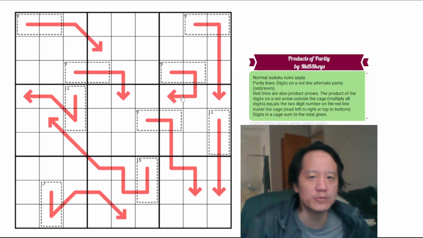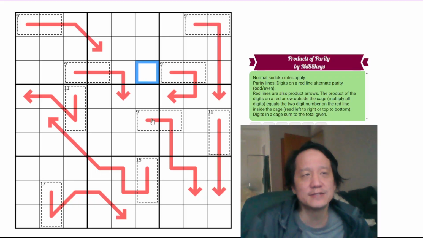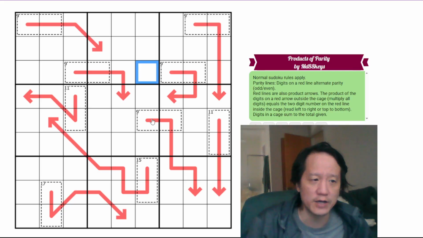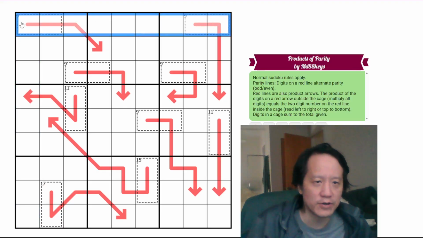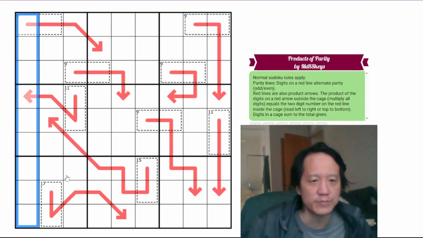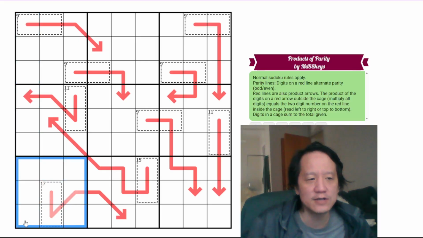Normal Sudoku rules apply, which means in every cell in the grid, place a single digit from 1 through 9 such that every row, every column, and every designated 9-cell region, which in this case is a box, contains the digits 1 through 9 once each.